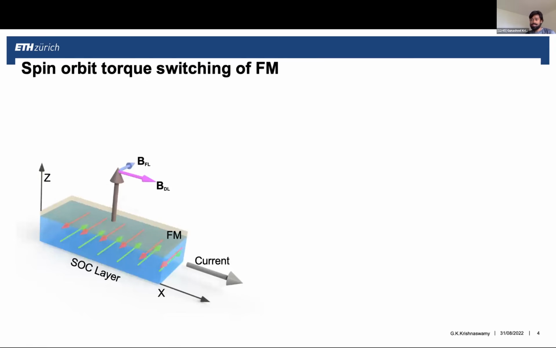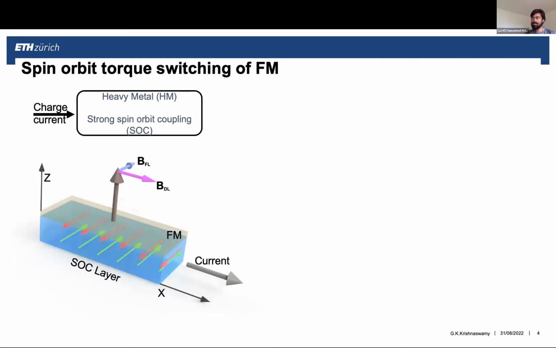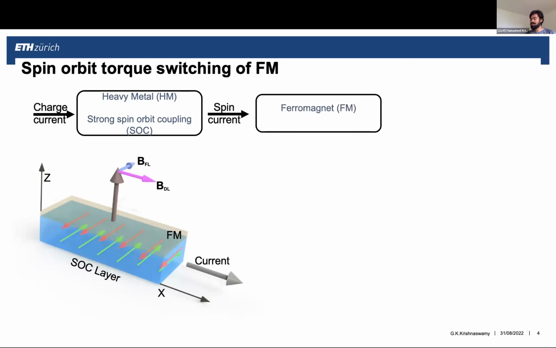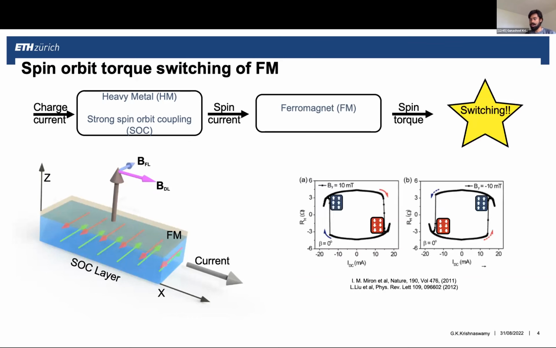What people showed is that when you have a ferromagnet on top of a heavy metal, you send a charge current through this bilayer. What happens in the heavy metal is because of spin orbit coupling, the charge current gets converted into a transverse spin current, which then moves into the ferromagnet and causes a spin torque to act on the ferromagnet, and then you have a switching of the ferromagnet.